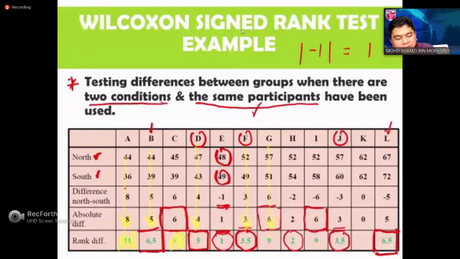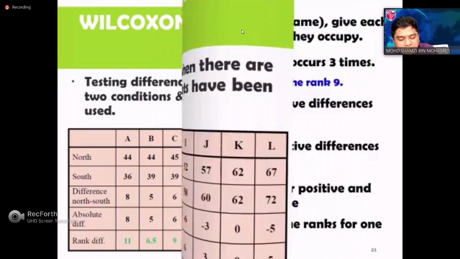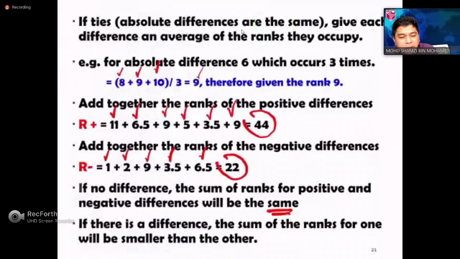So in Wilcoxon, because you are measuring the same participant under 2 conditions or 2 different treatments, meaning this treatment gives an effect to the same participant. Okay, sorry, not the first one, not the earlier slide. Okay, right? Because of the different numbers, 44 and 22.